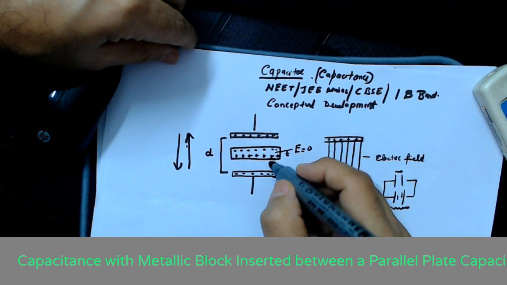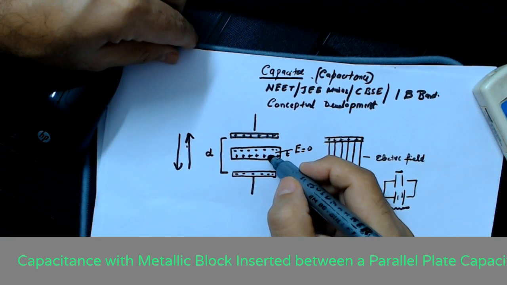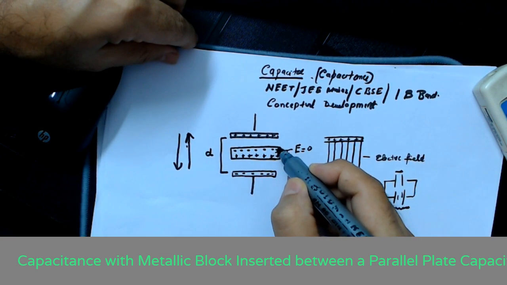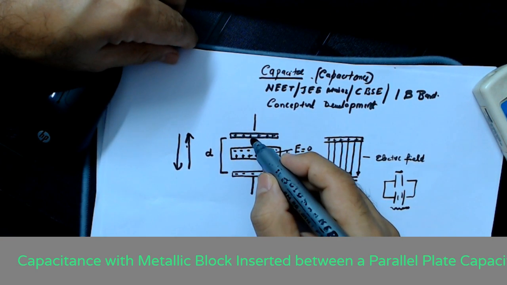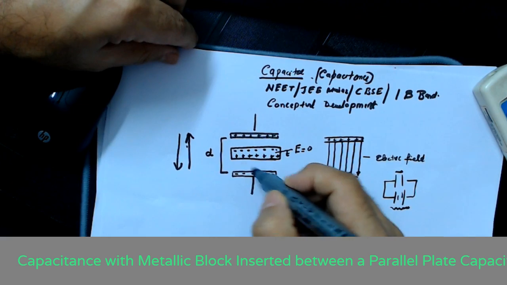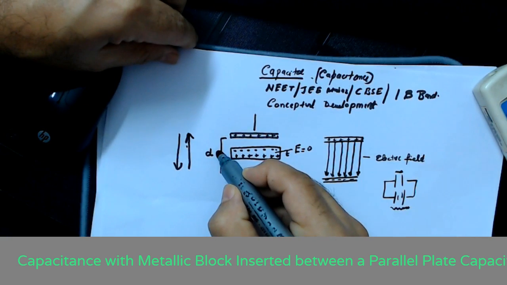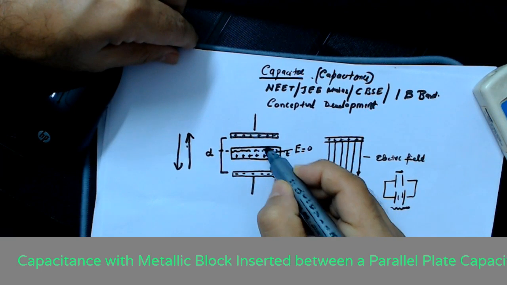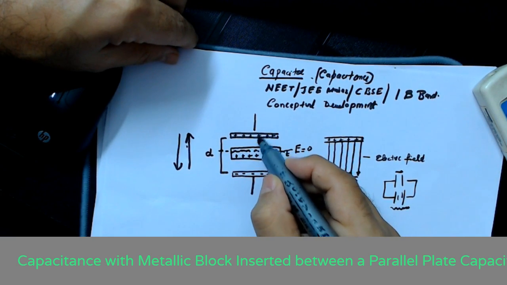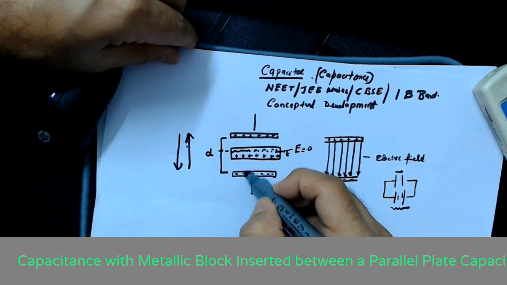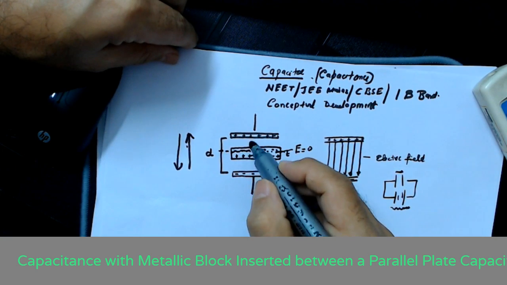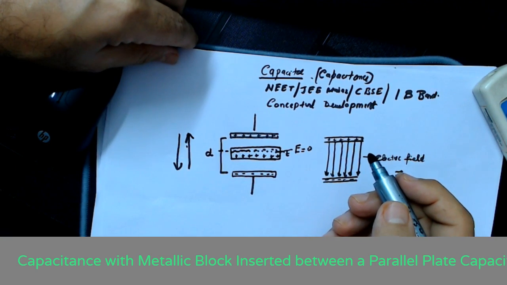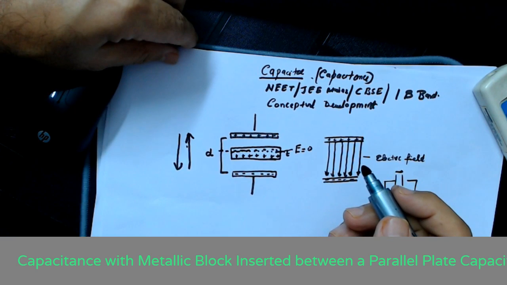And what we've done in this example is we've placed this metallic block centrally between the two plates. So this is completely at the center. If I draw axes, my metallic block is completely placed at the center of the two capacitor plates. Now let's talk about what exactly is happening.